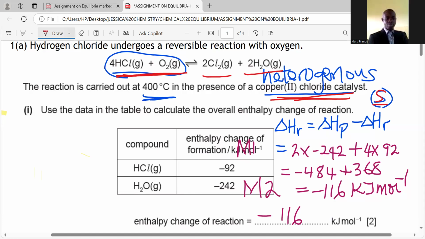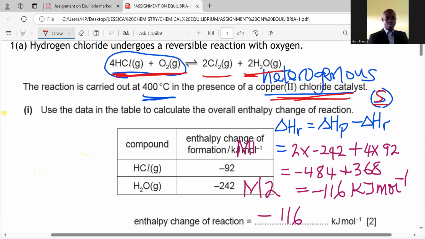We have 2 mole of steam produced and then 4 mole of hydrogen chloride gas. Chlorine and oxygen values are assumed to be constant.